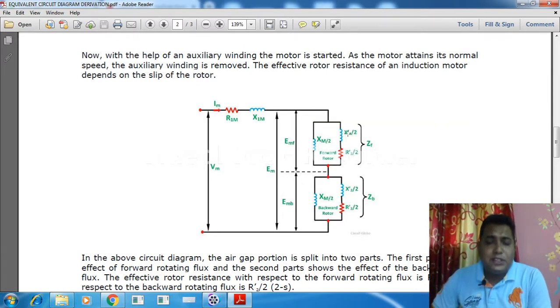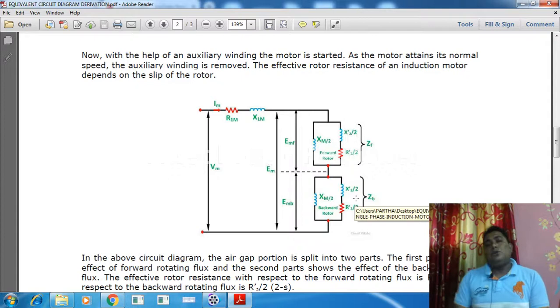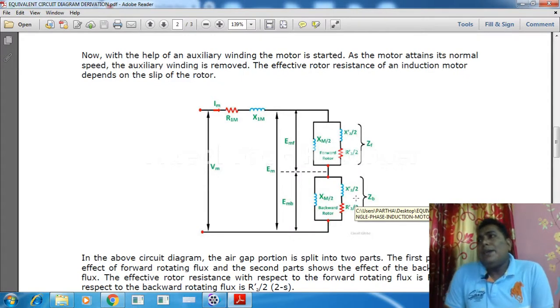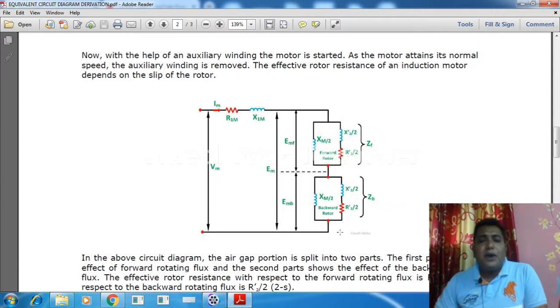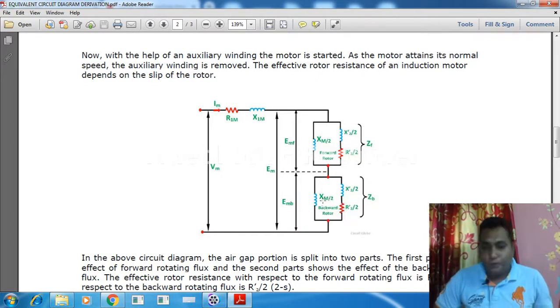Above the dotted line is the forward path rotor, and below the dotted line is the backward rotor. We are dividing all the reactance and resistance values into two sections. That's why Xm is divided by 2: in the forward path we have used Xm by 2, and in the backward path also we have used Xm by 2.